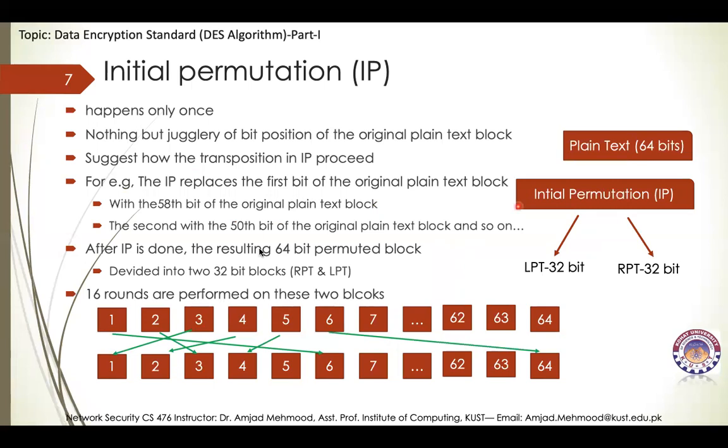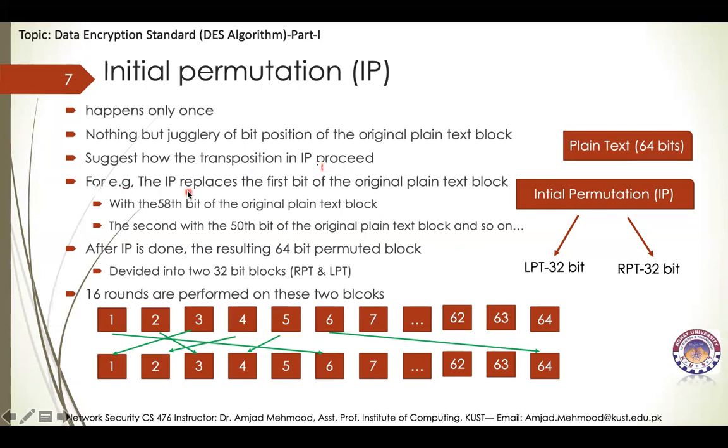Here you can see that the first bit is changed to 16, and the third bit is changed to 1. So this is just jugglery of bit positions of the original plain text, and then after that this is converted into LPT and RPT, meaning left plain text of 32 bits and right plain text of 32 bits.